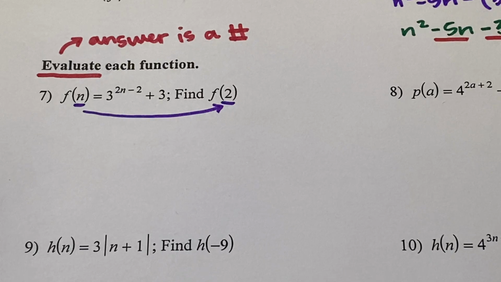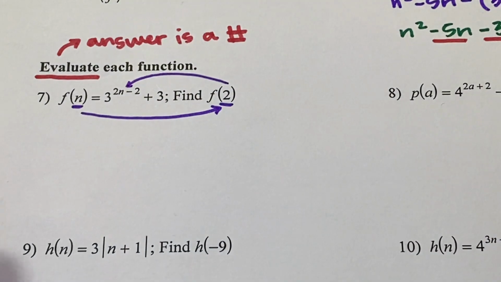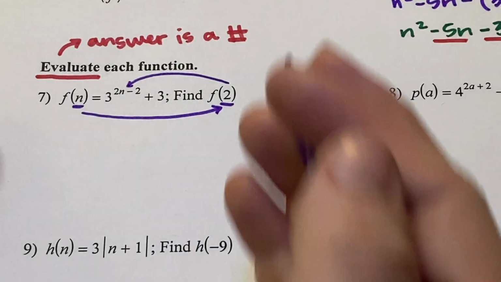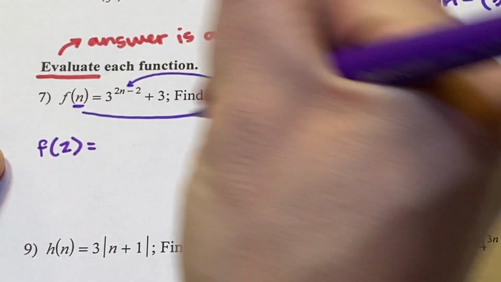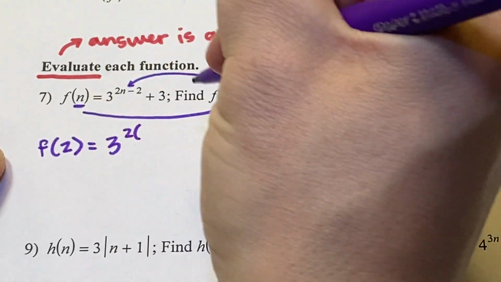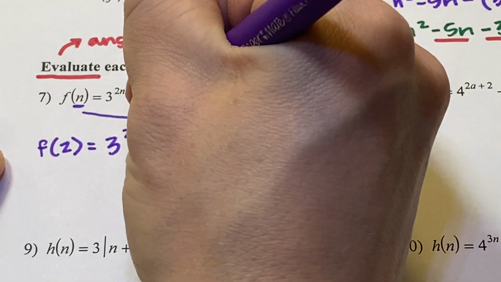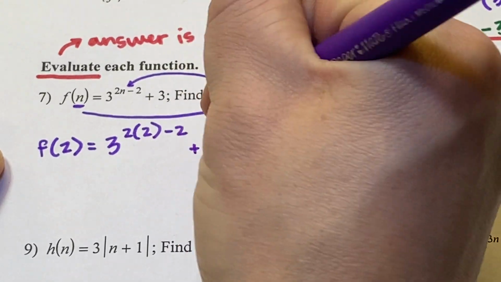Which means you're just going to replace the n with a 2. That's all you're doing. So now this function becomes f of 2 equals 3 to the power of 2 times 2, minus 2, and then plus 3.